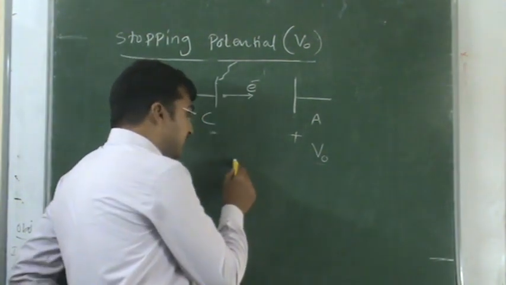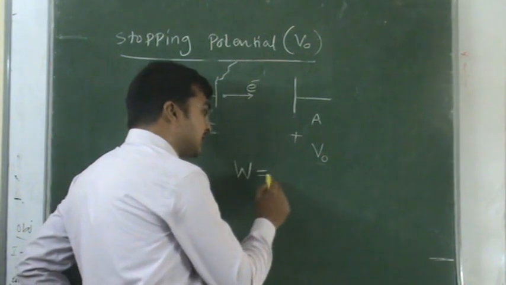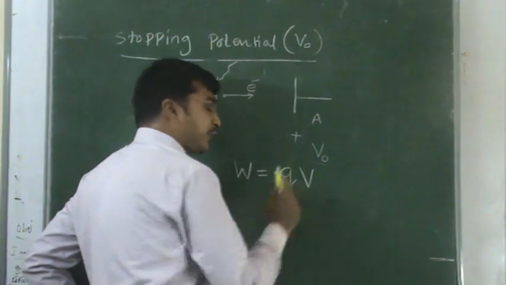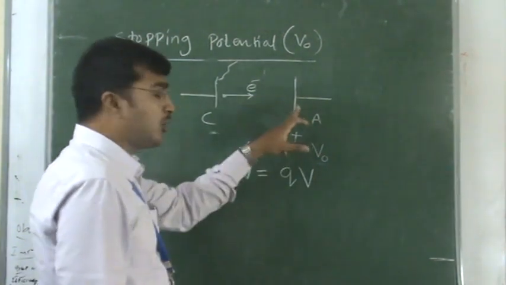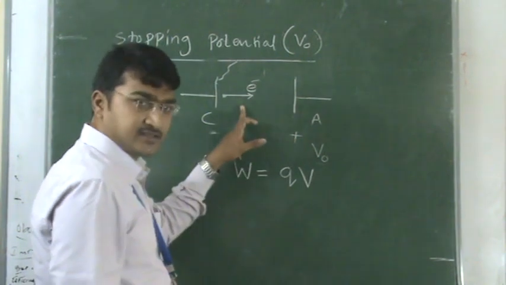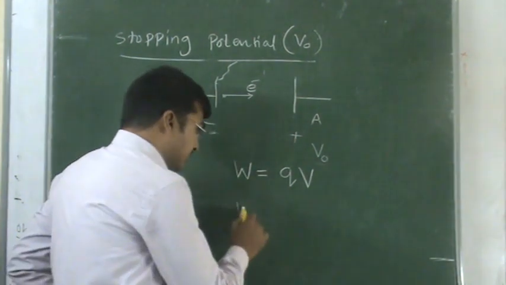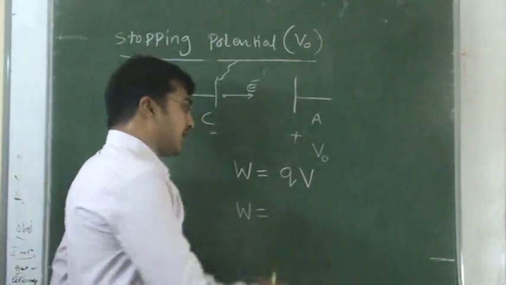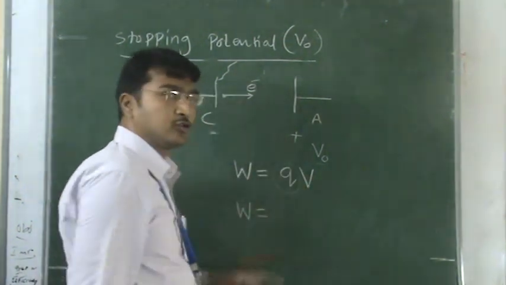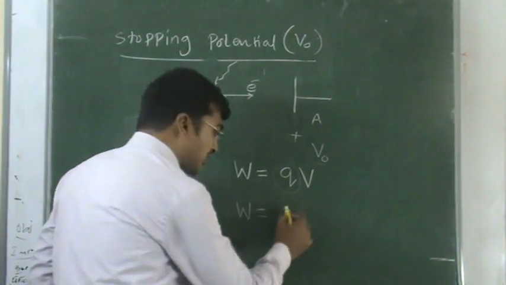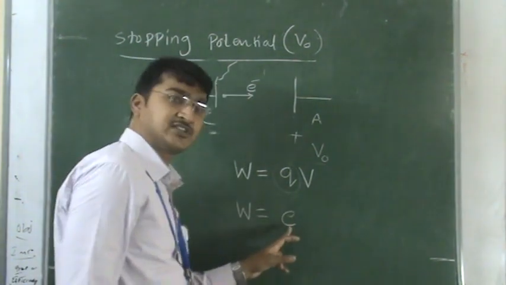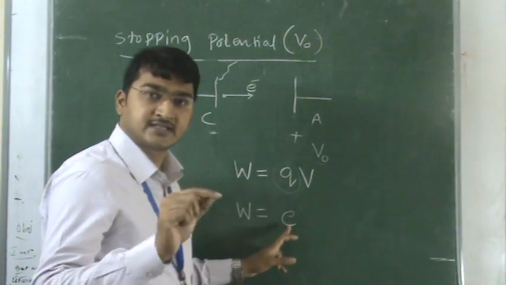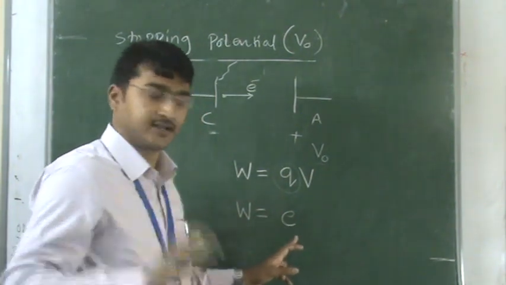Let us assume the work done is nothing but what we said, Q into V. So the anode plate has to do the work against the electrons. Now the work done by the anode plate, that is, by the potential. On which charge do we have to do the work? Electron. So the charge is nothing but the electron charge, which equals 1.6 into 10 to the power of minus 19, that you know.